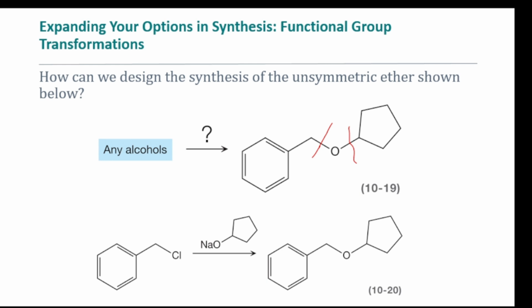Now, when we look at which one would be more beneficial to have as the carbon that gets attacked, which one's going to be the better one? A primary, secondary, or tertiary carbon to attack? You're going to want to attack a primary, right? It's more exposed. The reaction is going to go faster. A secondary is going to be slower than a primary in an SN2 reaction, and a tertiary is not going to happen at all.